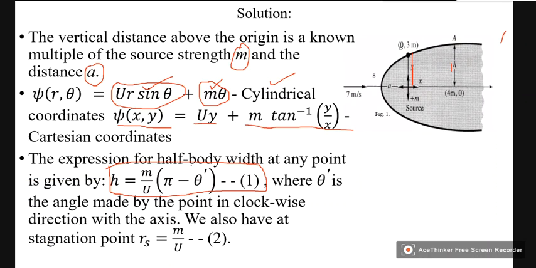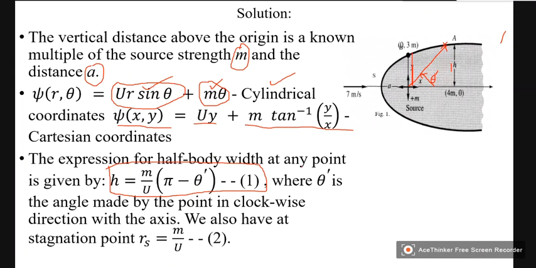Suppose I take a point here. This angle is theta dash, or theta, whatever it is.